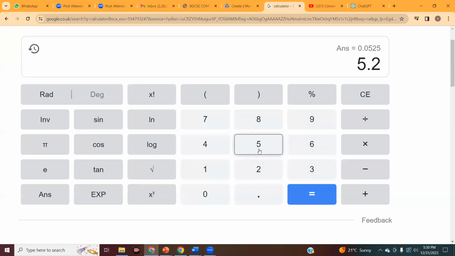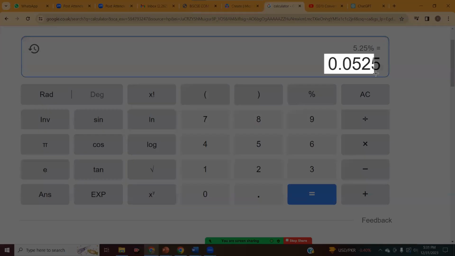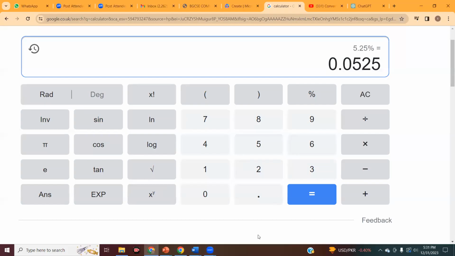So 5.25 divided by 100 is the way you can find a percentage, and that's equal to 0.0525. So if we use our calculator, we find that 5.25% is actually equal to 0.0525.